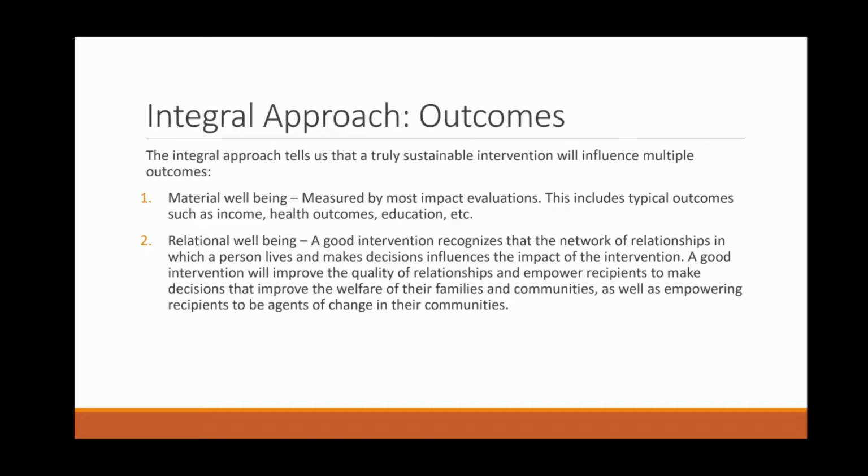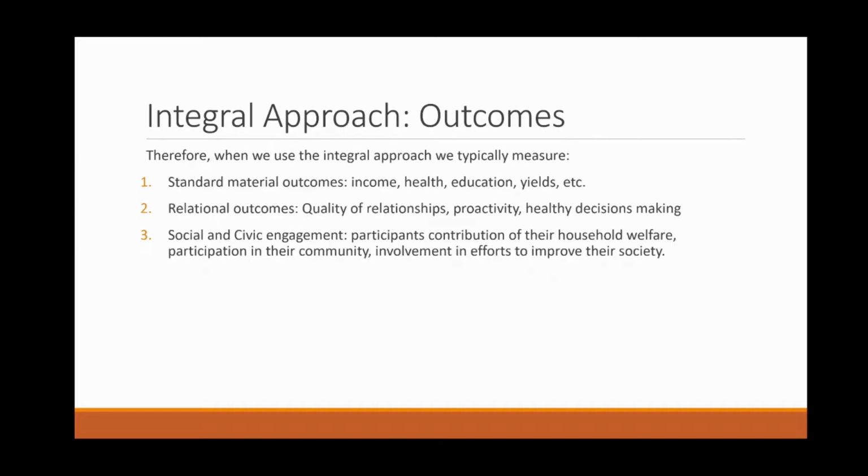A good intervention recognizes the network of relationships in which a person lives and makes decisions, and a good intervention will improve the quality of relationships and empower recipients to make decisions that improve the welfare, well-being of their families and communities, as well as assisting them in becoming agents of change in their social network. And so what do we look at here?